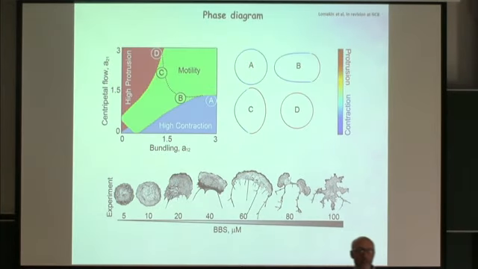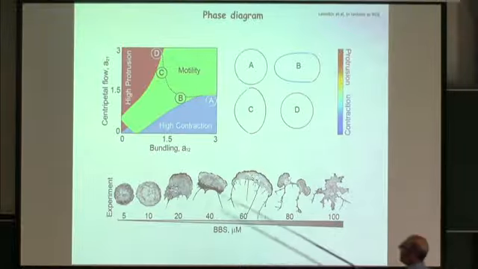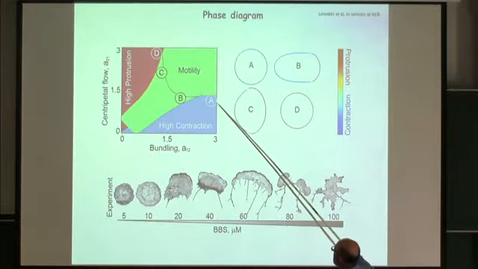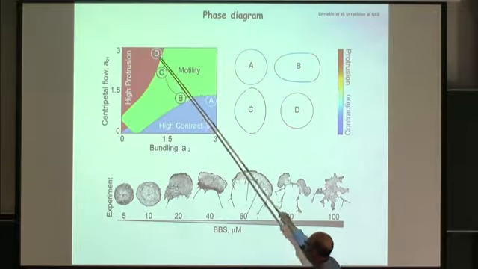The model makes quite a number of very non-trivial predictions, which all check out. I'll just show you two of them. One of the predictions is this. We got the phase diagram for this model: how the shape of the cell and its state depend on the strength of contraction. If you increase contraction, you move this way in the phase diagram.